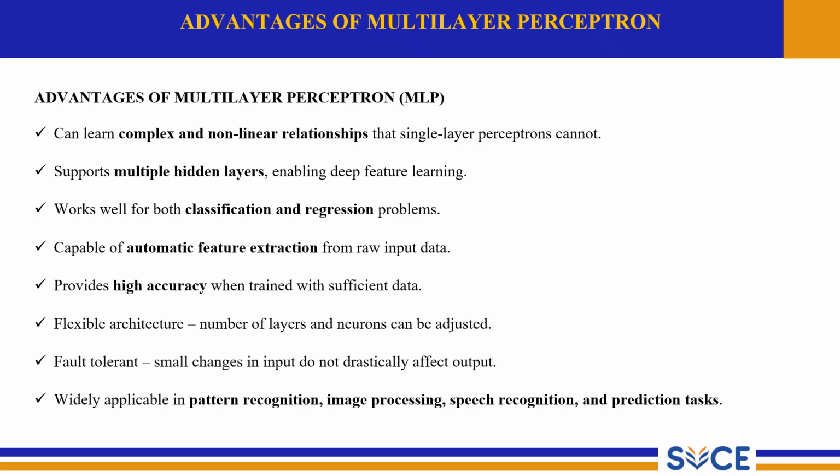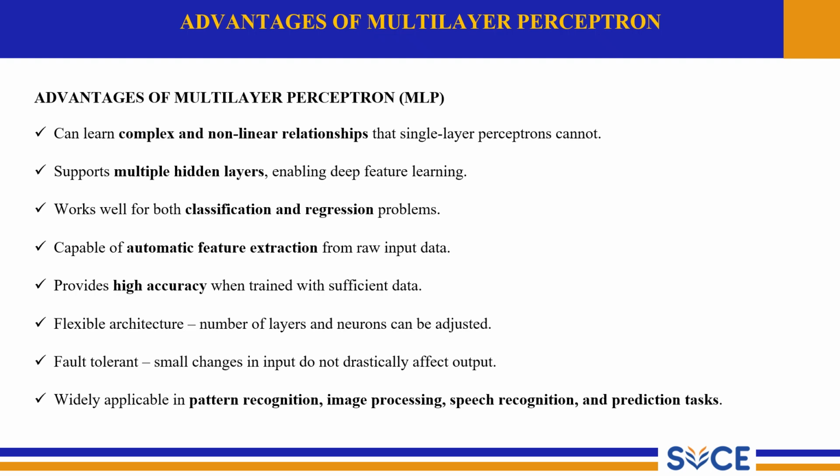Advantages of multi-layer perceptron. MLPs can learn complex and non-linear relationships that single layer perceptrons cannot handle. This makes them highly effective for real-world problems where patterns are rarely linear. Next, they support multiple hidden layers, which enables deep feature learning.